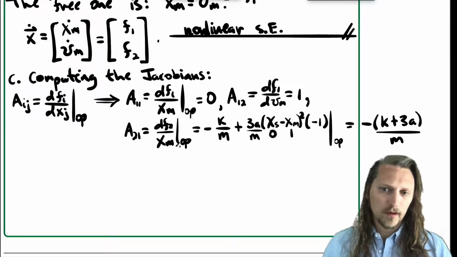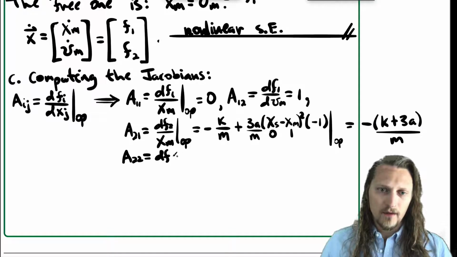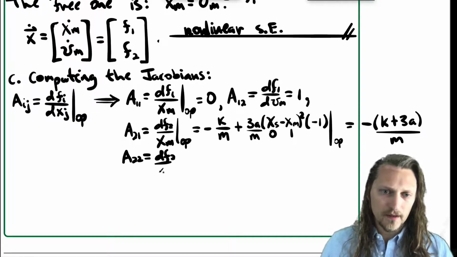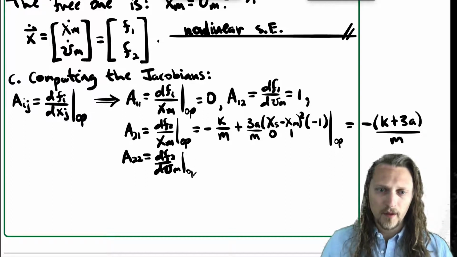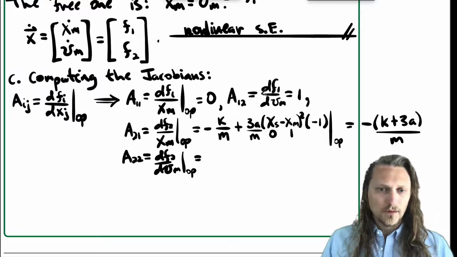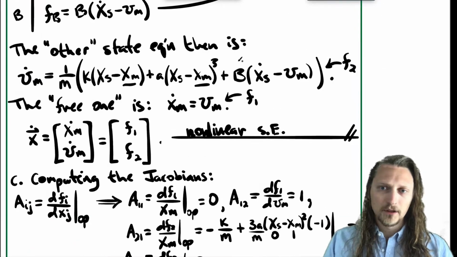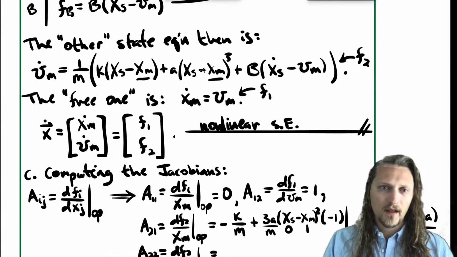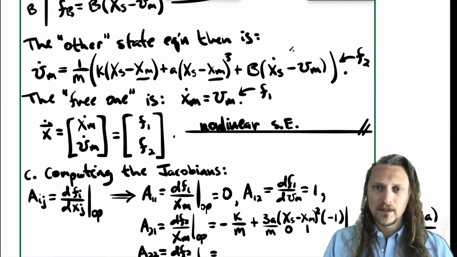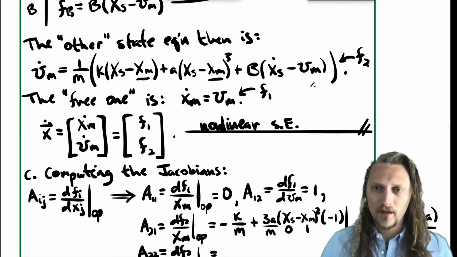So that's A21. And finally, our A22 is dF2/dVm evaluated at the operating point. If we go up to F2 and look at the derivative with respect to x2, which is Vm, this is the only term that has Vm in it, right here.